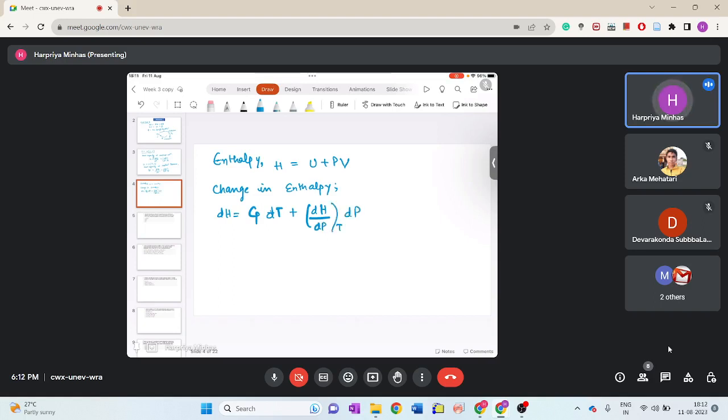So this dH, that is the change in enthalpy, equals Cp into dT plus dH upon dP at constant temperature into dP.